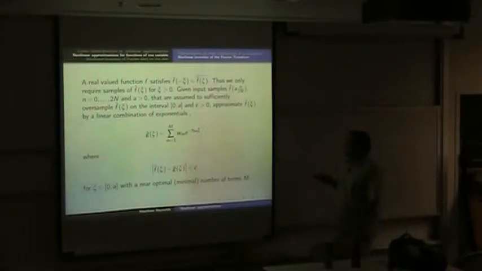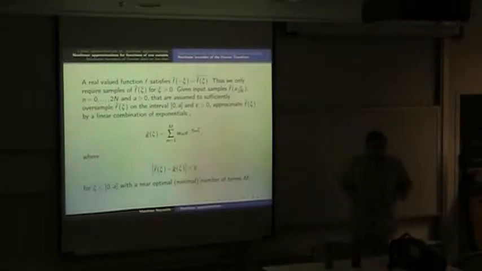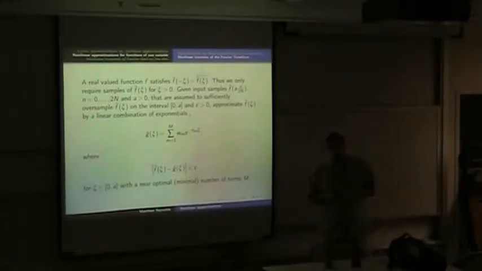And on this interval, we construct a linear combination of decaying exponentials, just like we did before, where we obey an error and have a near optimal or minimal number of terms. So that's the first step of this approximation, which is the last approximation that we did.